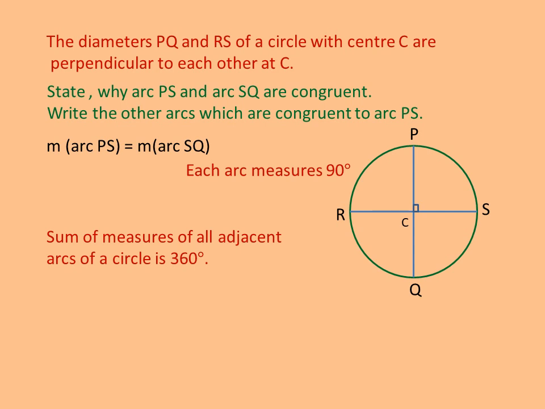And that is why when you add arc PS, arc SQ, arc QR and arc PR, it will give you 360 degrees. Therefore, you can say the measure of arc PS equals the measure of arc SQ equals the measure of arc RQ and the measure of arc PR equals 90 degrees. I hope it is clear how you got this measure.